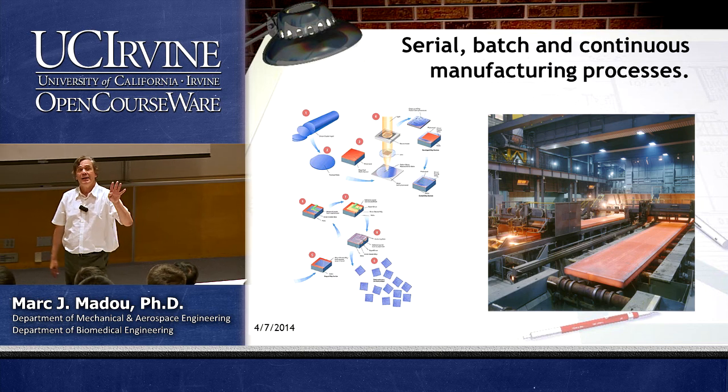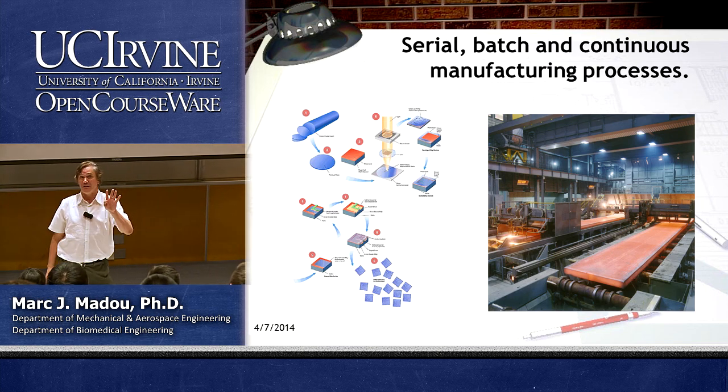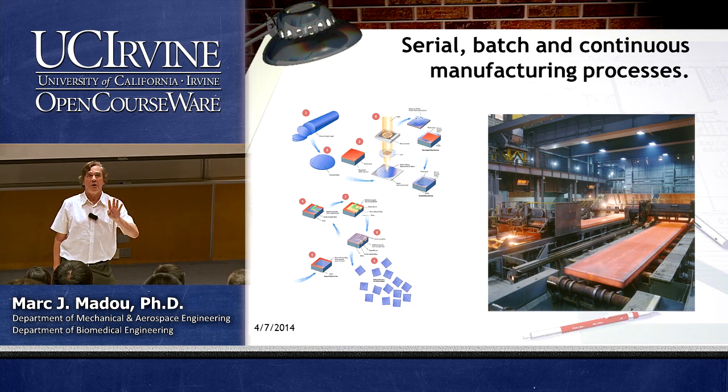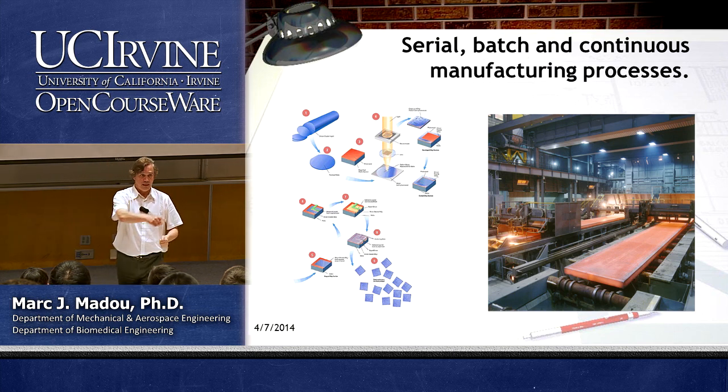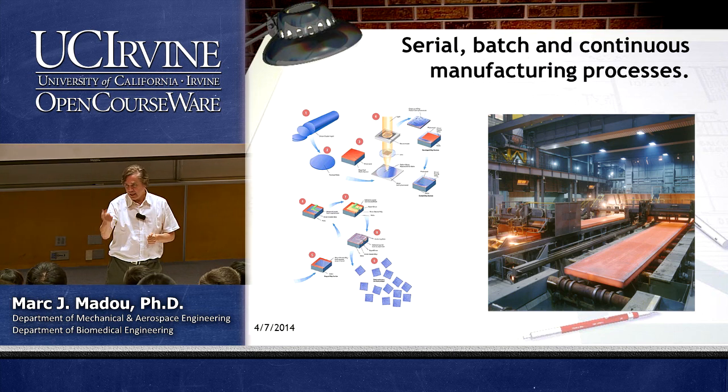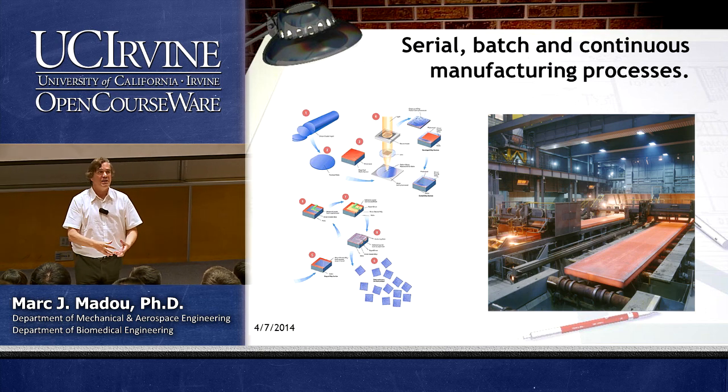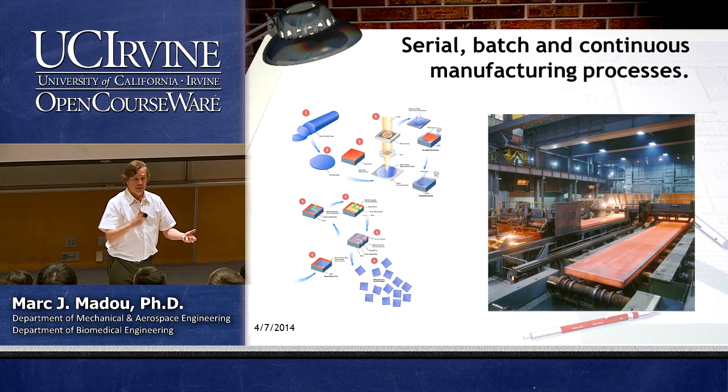So how many different ways have we already learned in this short amount of time on how we can characterize manufacturing? Think back. Energy. Yeah, so that's one. Characterizing them by energy applied to the workpiece. The other one was? Additive and subtractive.